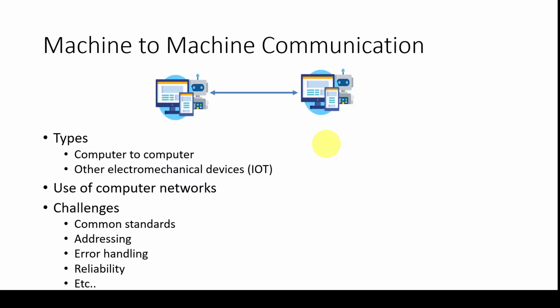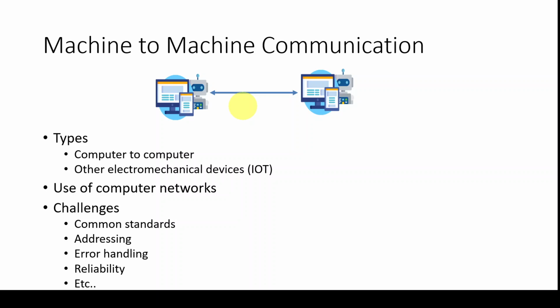So the third aspect of communication is machine to machine communication. Again, we can identify two categories: the computer to computer communication, which we call computer networking, and communication between other electronic devices. They are not fully fledged computers.